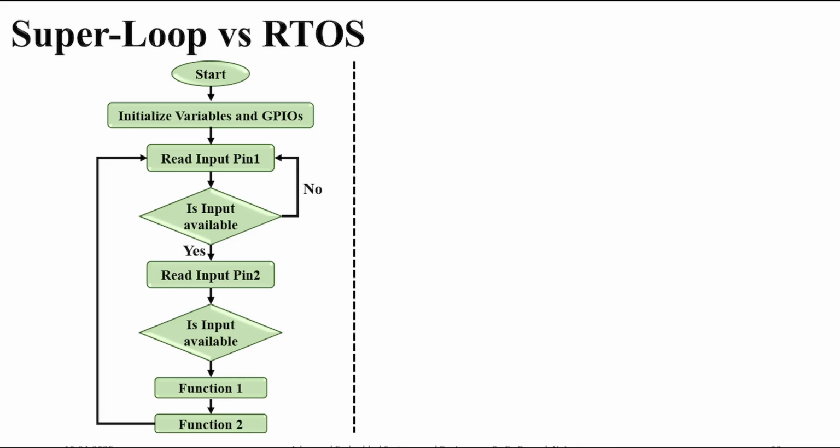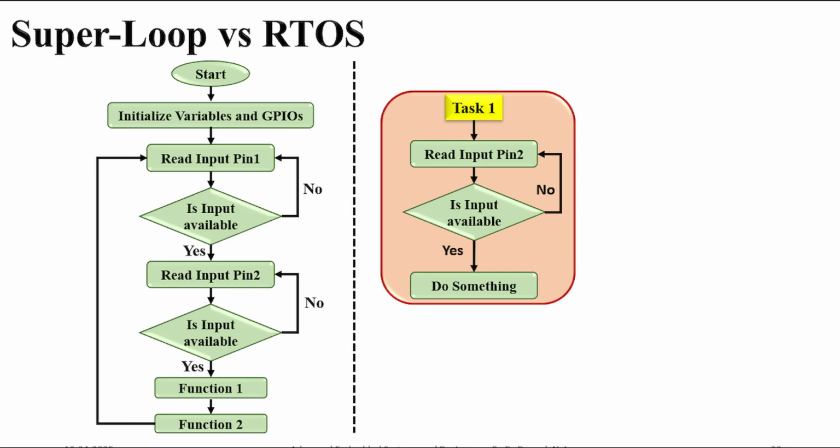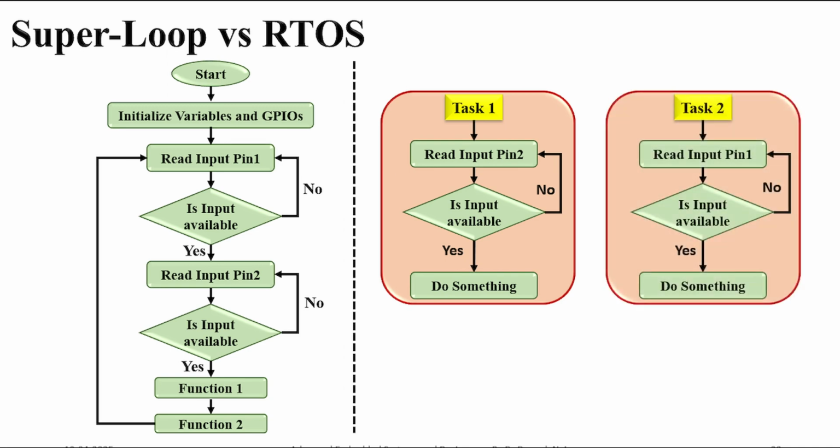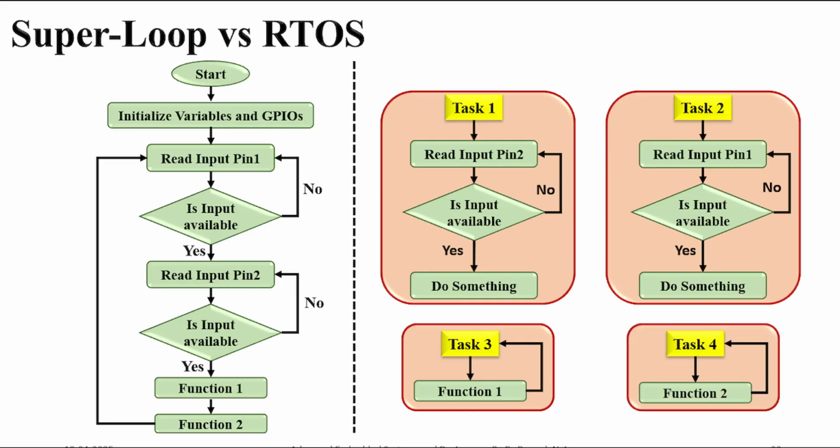Now, instead of using this approach, in an RTOS we generally divide the program into multiple smaller tasks and run these tasks. For example, task 1 can be reading pin number 2 and doing some event based on the input received from pin 2.